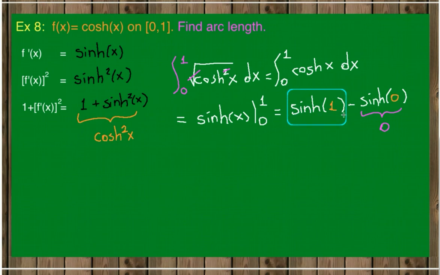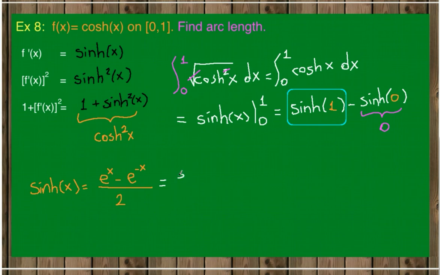You can leave your answer here, or you can go ahead and calculate sinh of 1 using the sinh function. What was the sinh function? Sinh of x equals e to the x minus e to the negative x divided by 2. And here you can plug 1 instead of x.